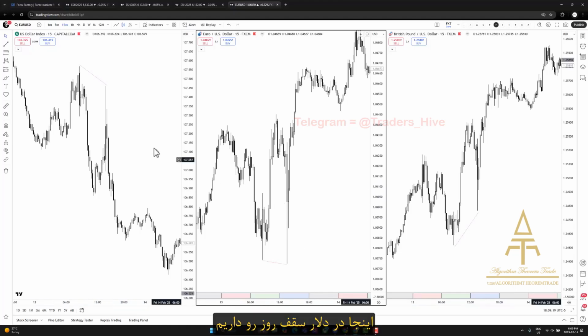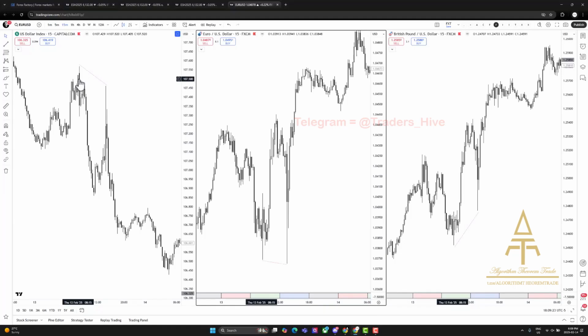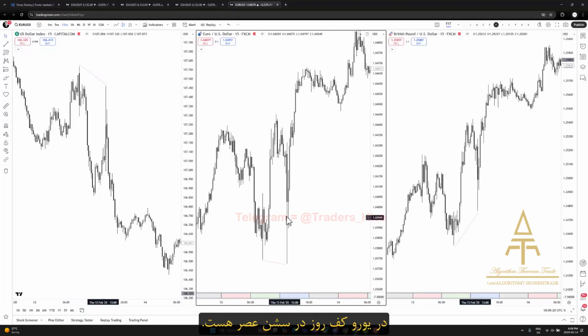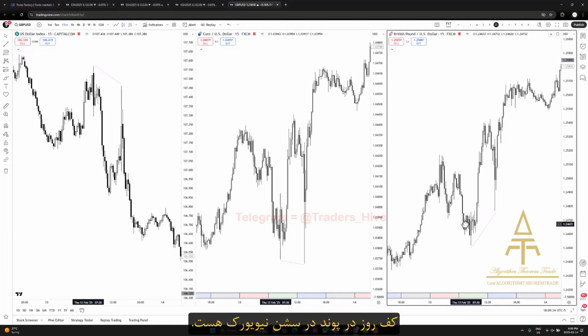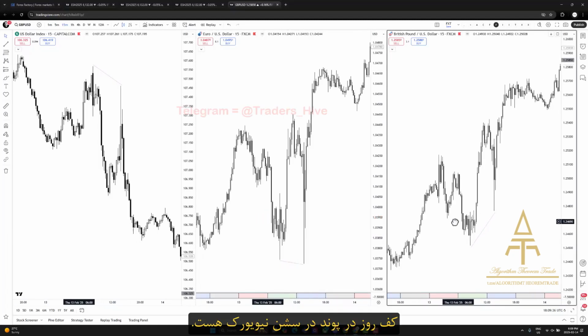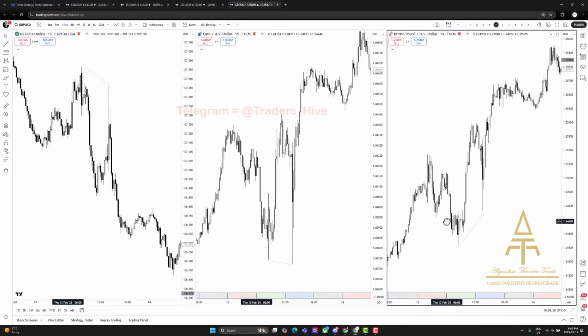So here, the high today for the US dollar was formed in the New York session. The low today for the euro was formed in the afternoon session, and the low of the day for the British pound was formed by.